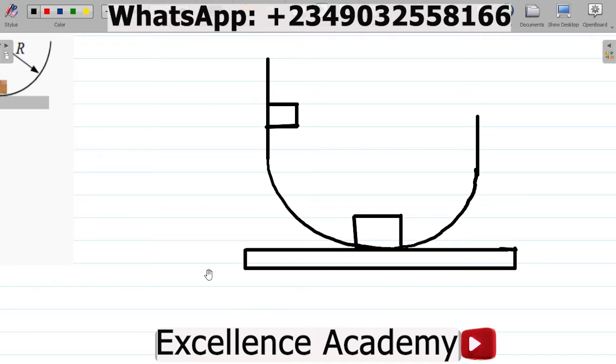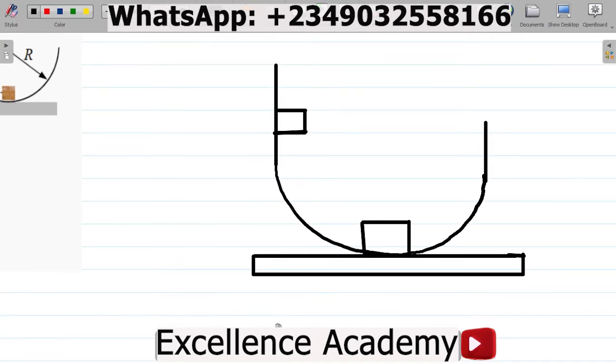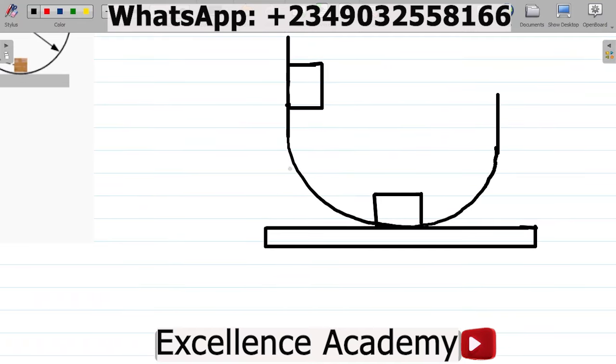Of course, the object should be the same size, so don't mind my drawing. This is just a rough sketch. Let me just try to see if I can make this the same size. So all I have to do is come here, and increase this from here to somewhere around here. It goes up this way, and this goes down this way.